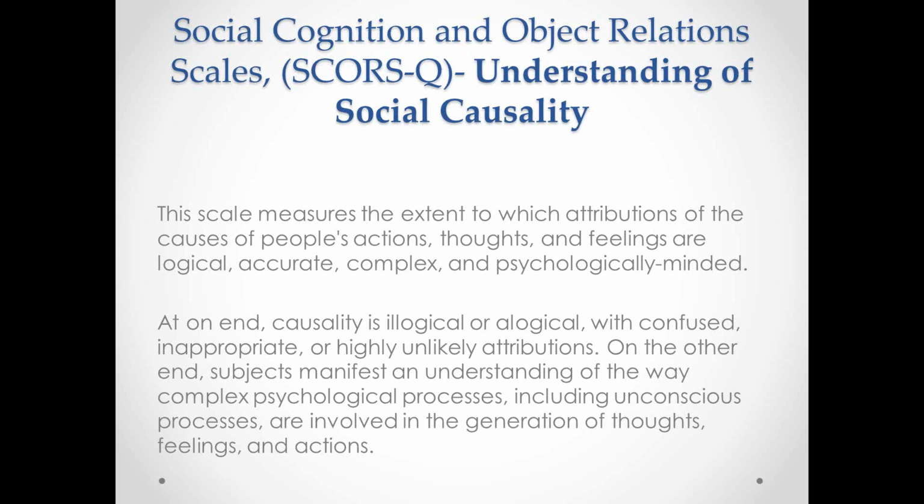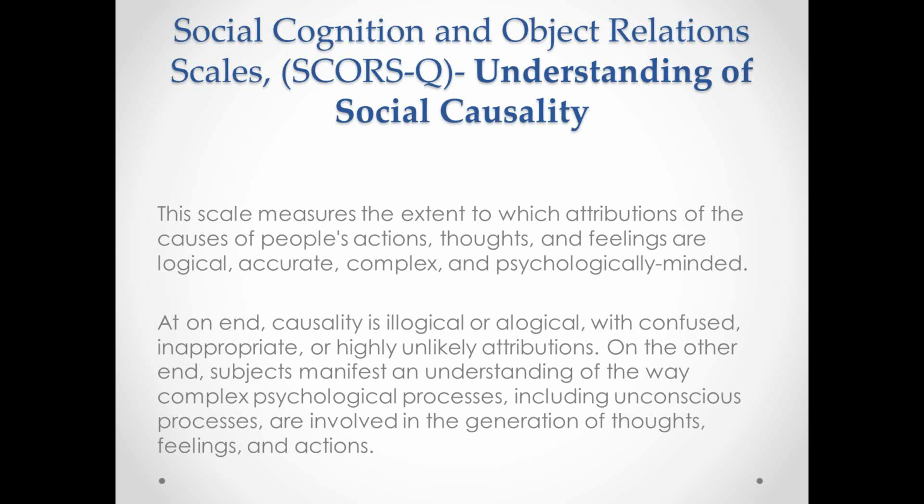Understanding of social causality measures the extent to which attributions of the causes of people's actions, thoughts, and feelings are logical, accurate, complex, and psychologically minded. At one end, causality is illogical, with confused, inappropriate, or highly unlikely attributions.